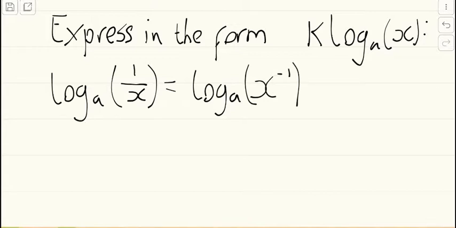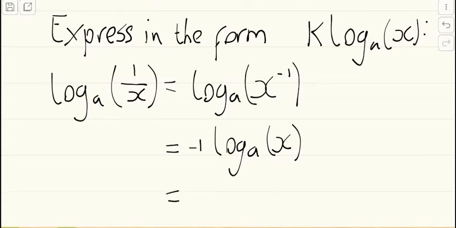And now we can use our log law to say this. That's going to be minus 1 lots of log to the base a of x. Or like this, minus log to the base a of x.